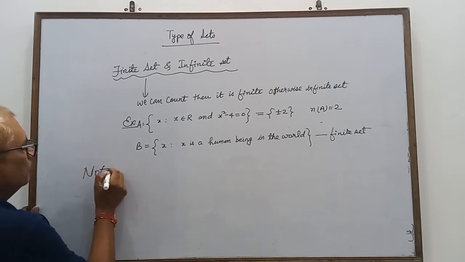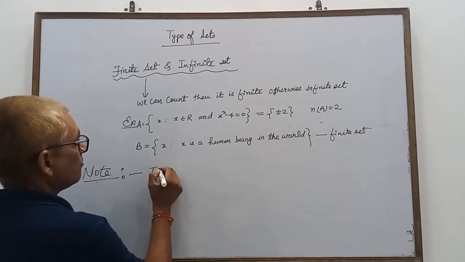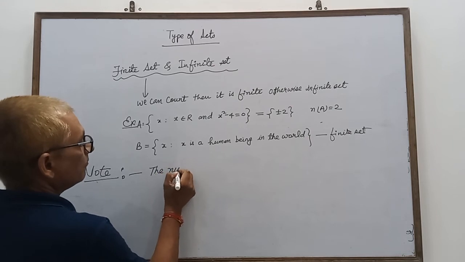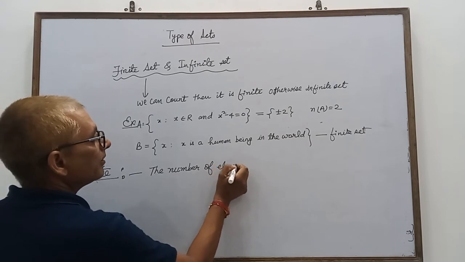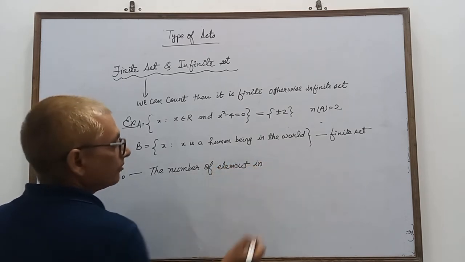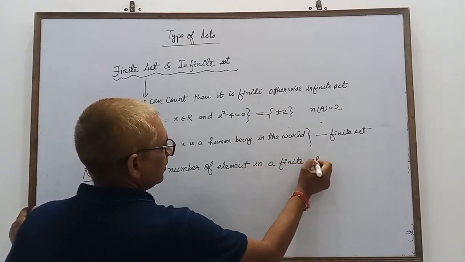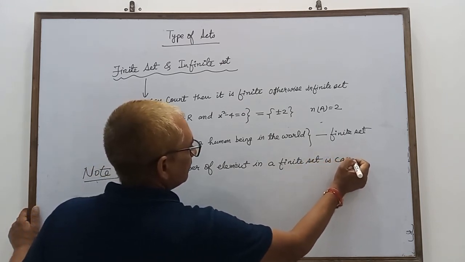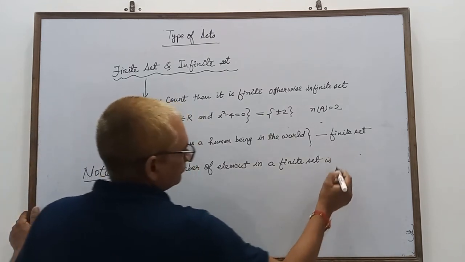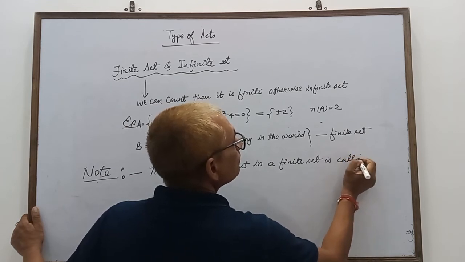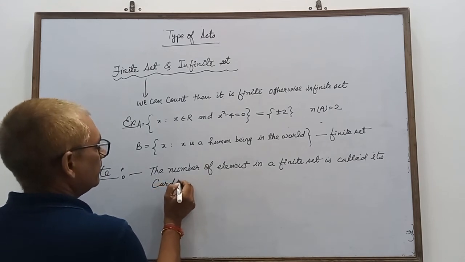One thing you have to note here: the number of elements in a finite set is called its cardinal.